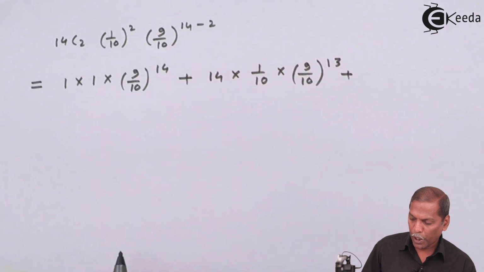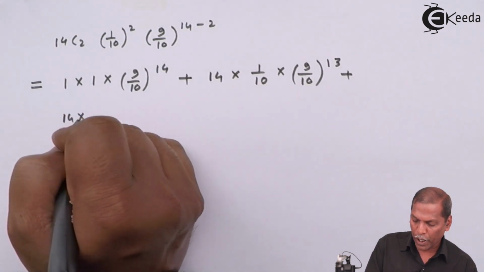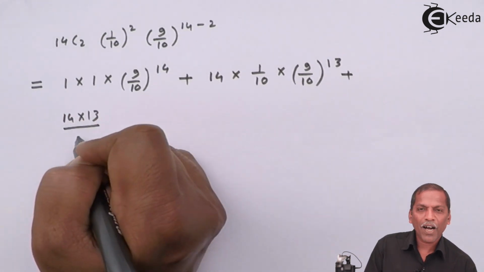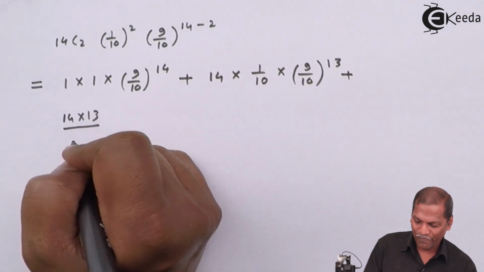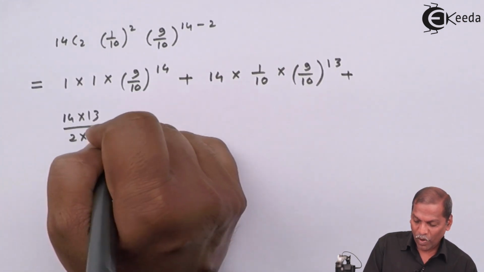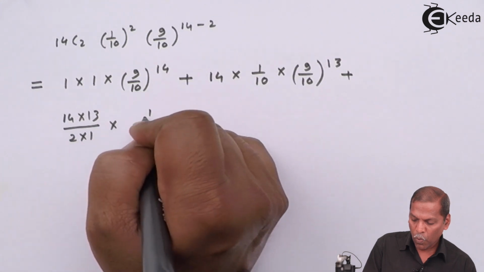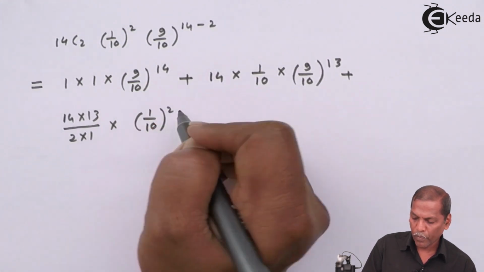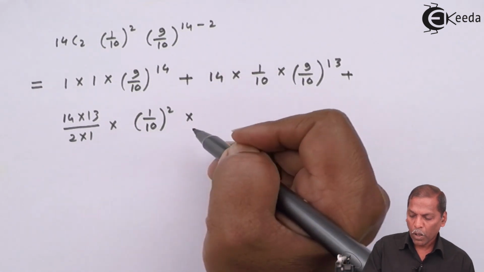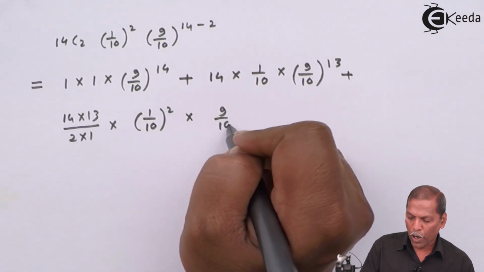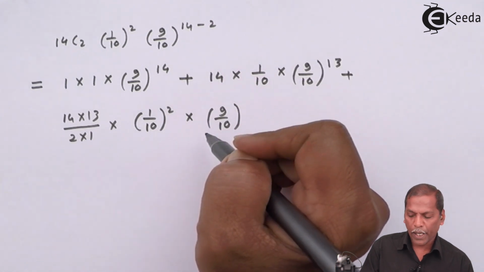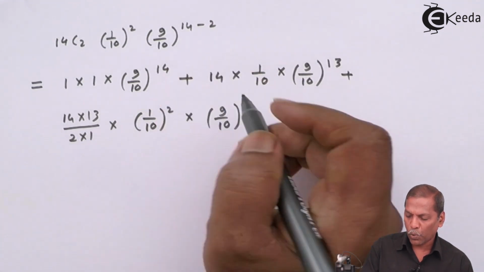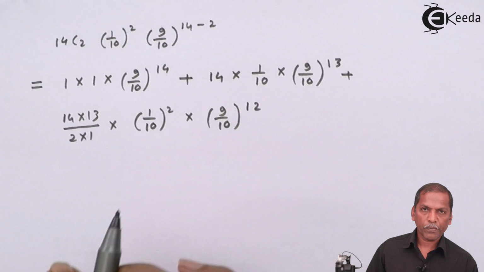Now 14C2 means 14 into 13 upon 2 into 1, into 1 upon 10 the whole square into 9 upon 10 whole bracket raise 14 minus 2 gives 12.